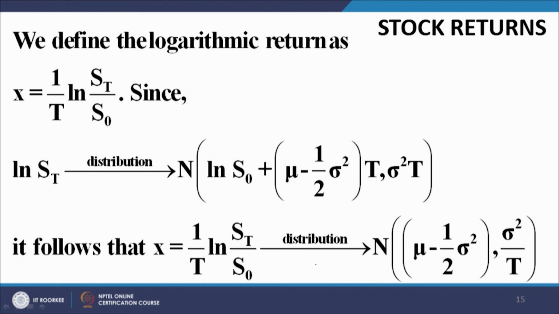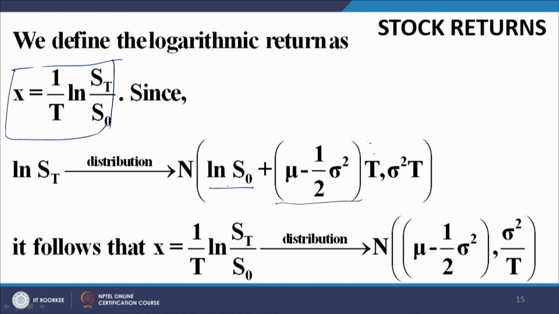Now, we talk about logarithmic return. We define logarithmic return in terms of the expression here, x is equal to 1 by t log S t upon S naught, and when we use the fact that log S t is normally distributed with a mean of log S 0 plus mu minus 1 by 2 sigma square t and a variance of sigma square t, we can straight away bring the t to the left hand side and take this log S naught also to the left hand side, divide throughout by t, and what we get is that x equal to 1 by t log S t upon S naught is normally distributed with a mean equal to mu minus 1 by 2 sigma square.